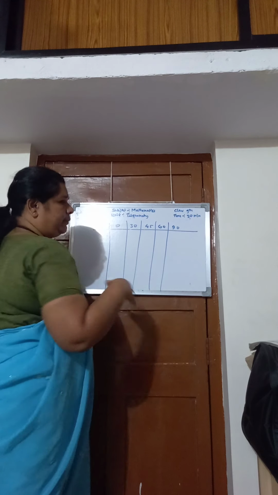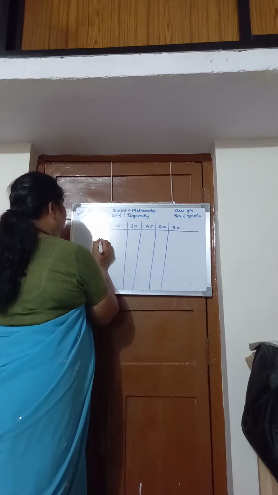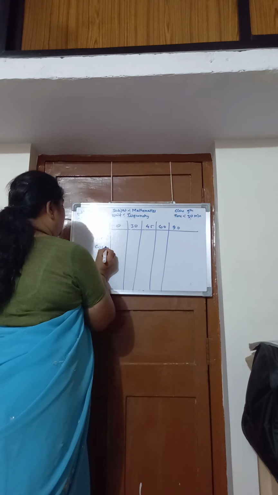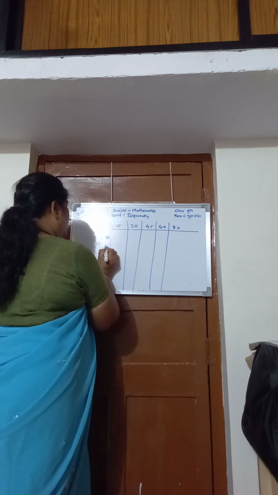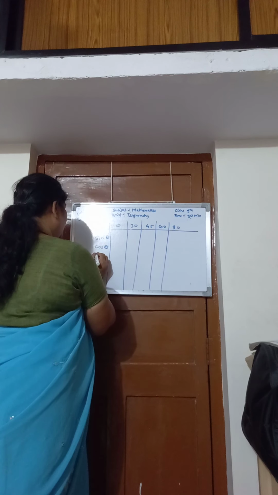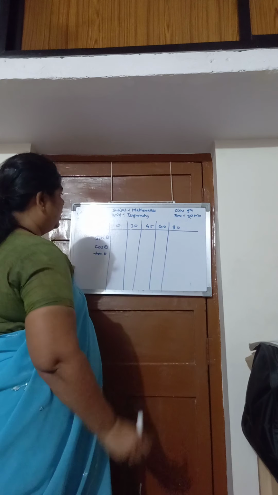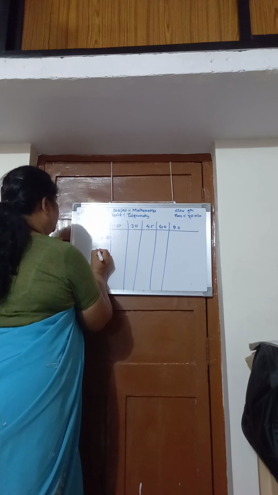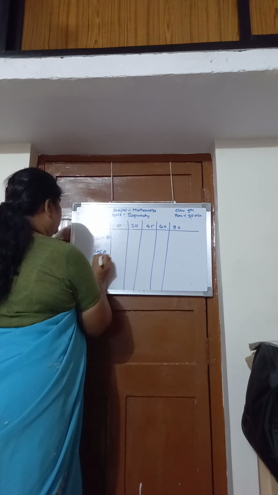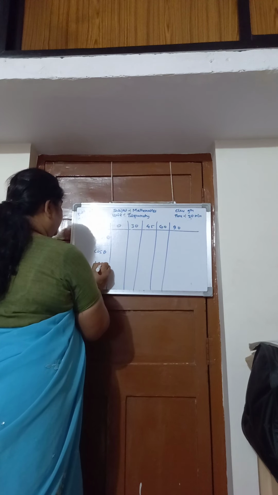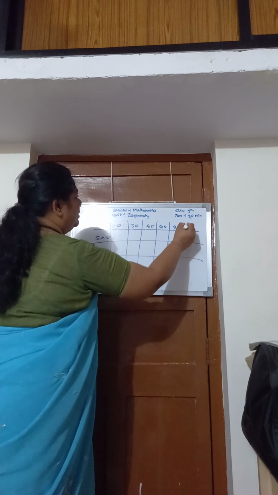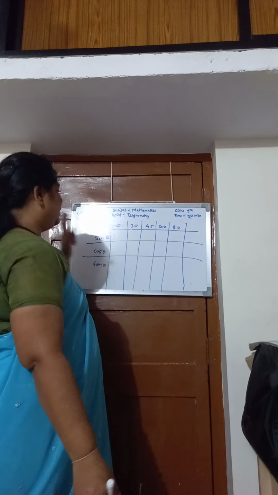Then take the different trigonometric ratios: sin theta, cos theta, tan theta. Okay. Take some space here. We can make a chart here.